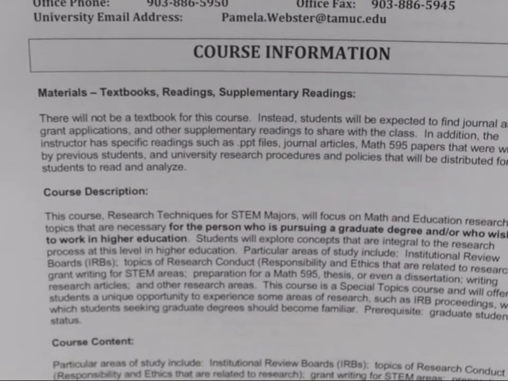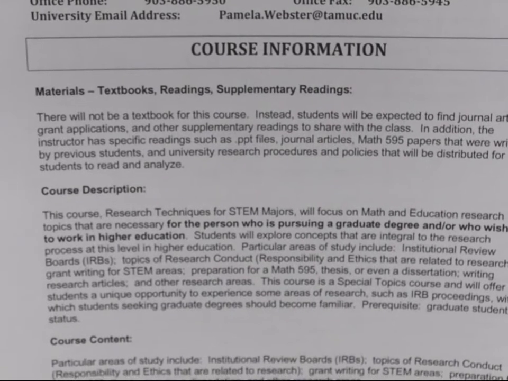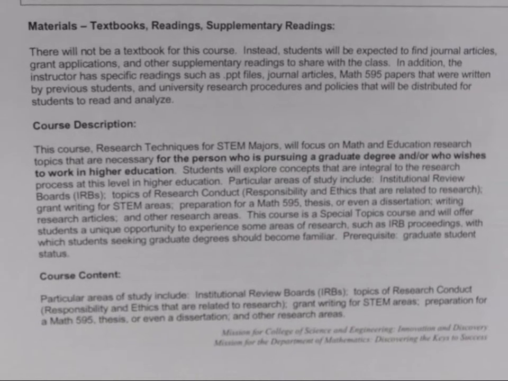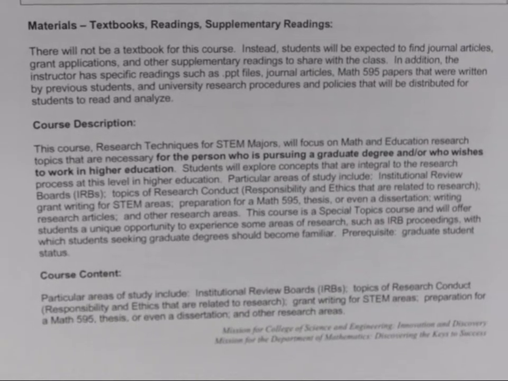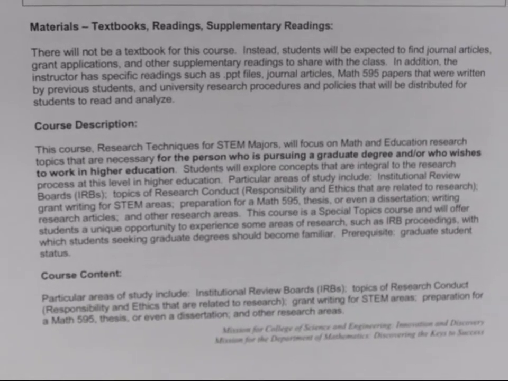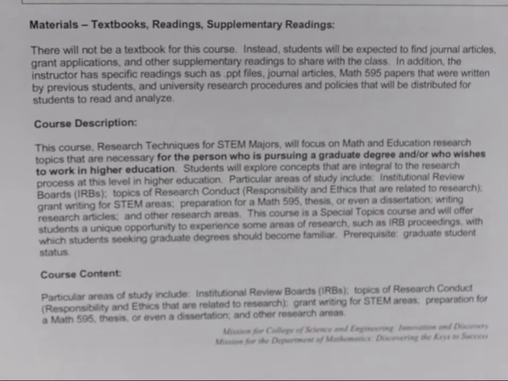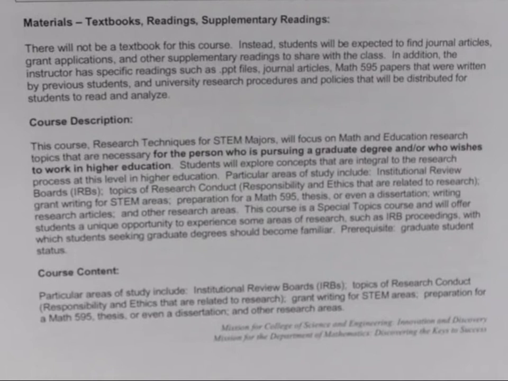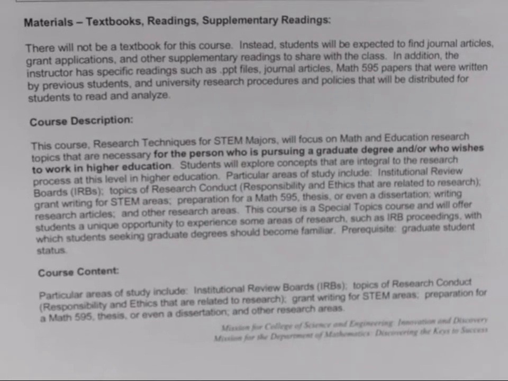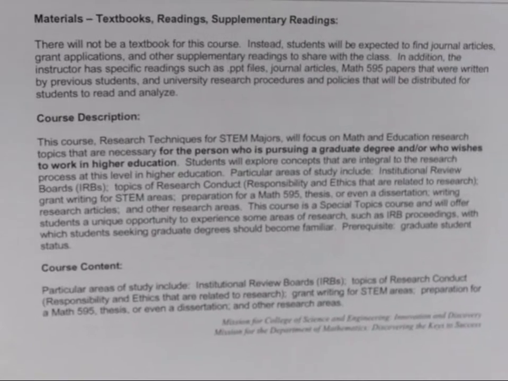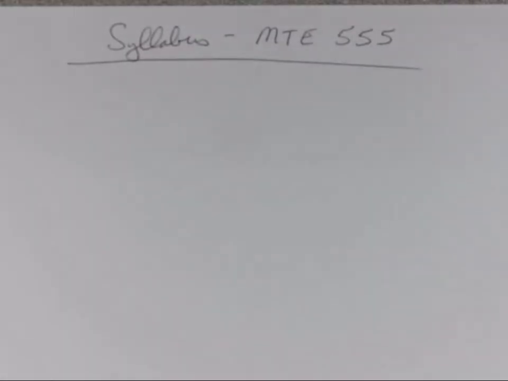There's tons of really good topics in this course. And I'll bring in real world examples of grant writing and things like that. Some people are really interested in that. I personally have written over $1 million worth of grants and brought them into A&M Commerce. So I have a little bit of experience there, and I can probably help you understand the grant writing process and work that out. So we'll talk a little bit about that as we go through.